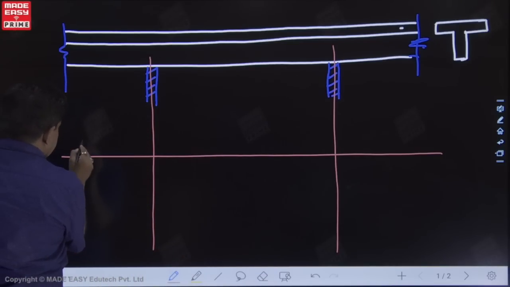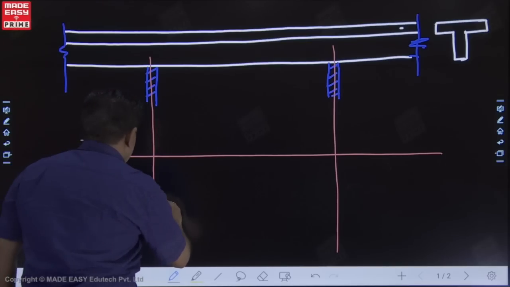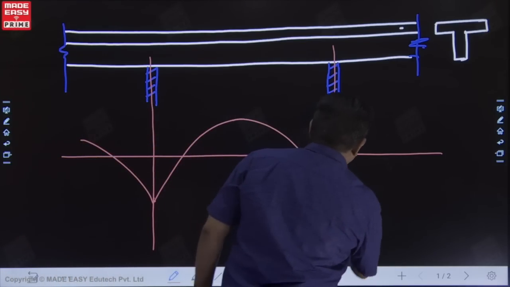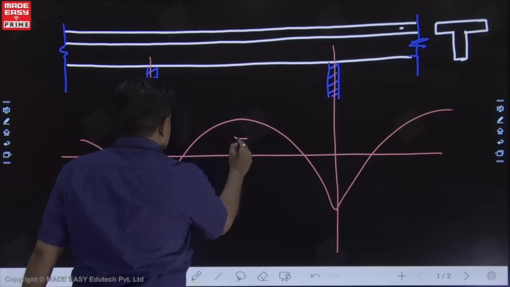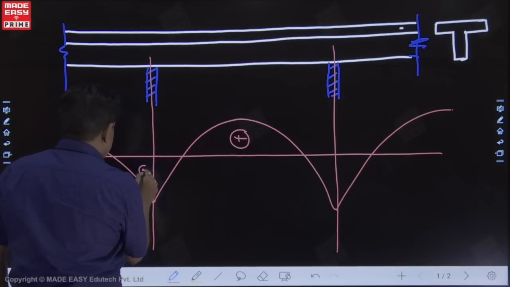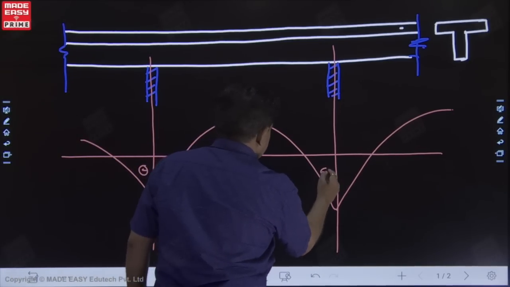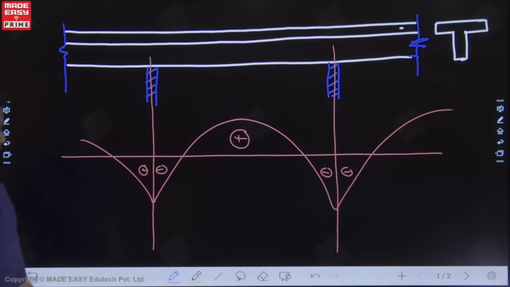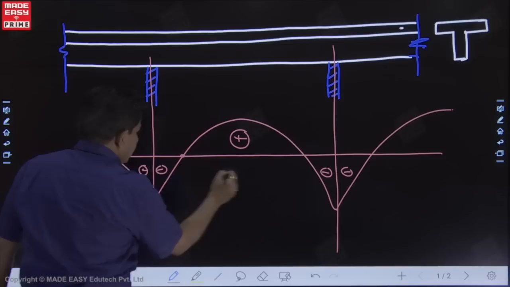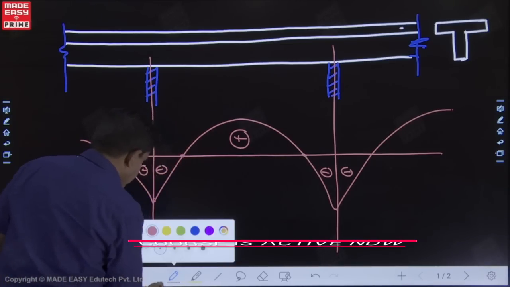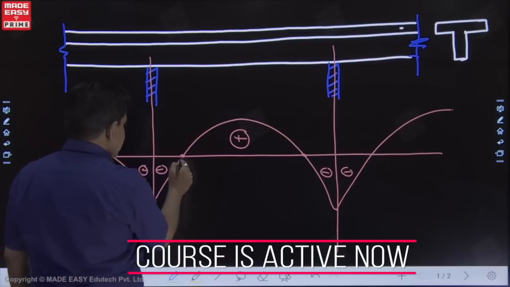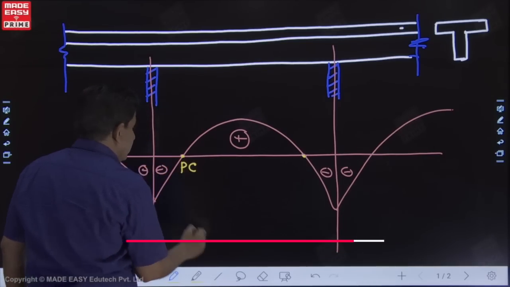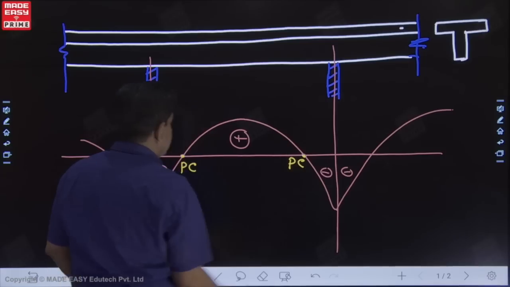like this. It will have some negative moments and some positive moment, then again negative, and then again positive. In this portion this is positive, in this portion this is negative. These are the 2 points that are called point of contraflexure.